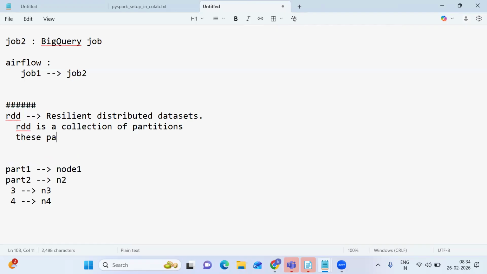These partitions, at runtime, are loaded into the RAMs of the Spark worker nodes. Understand?